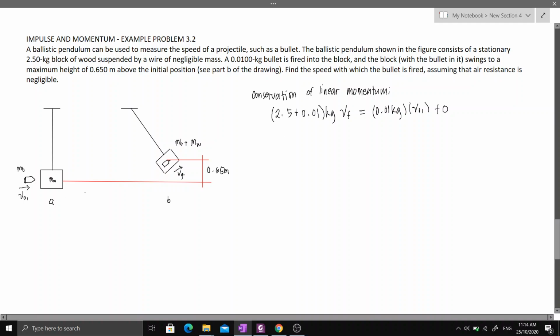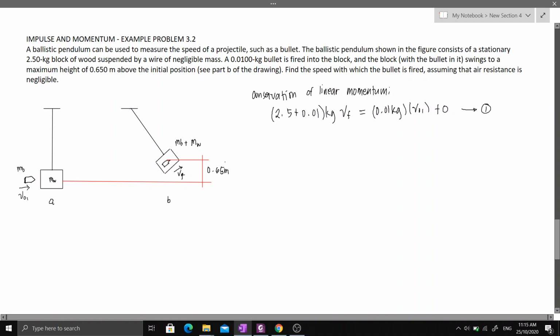So it is not moving, so the initial velocity of the block of wood is equal to 0, and even if we multiply that with the mass to get the momentum, that is still equal to 0. So we have the first equation here.